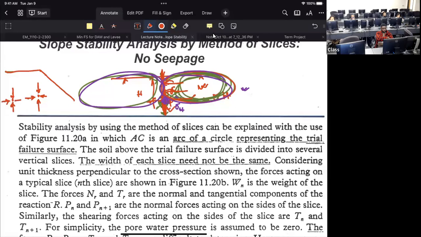Most likely the right one is also equal, right? How about here? Left one is much higher. So your left is always higher than the right as you go close to the slope.